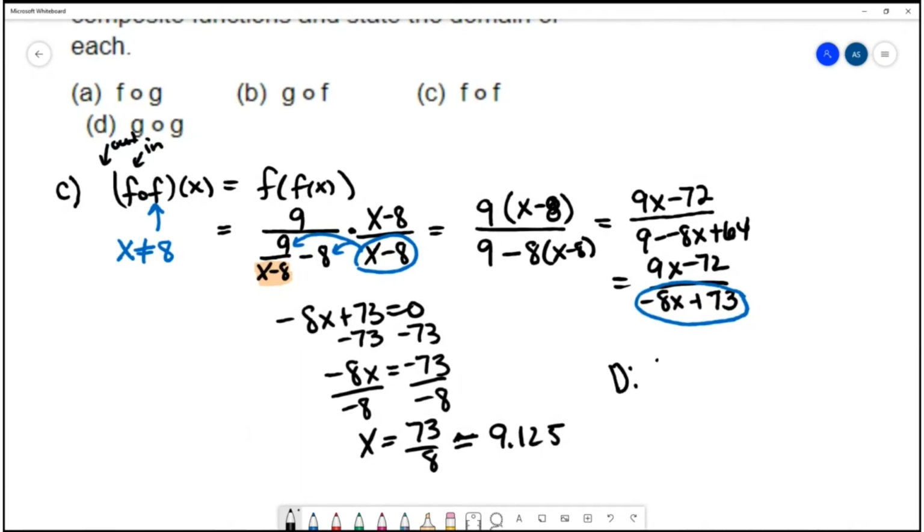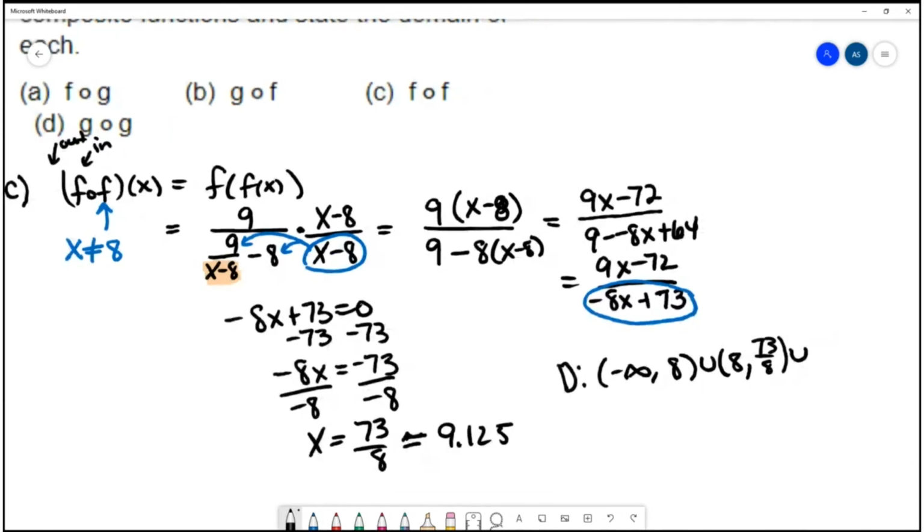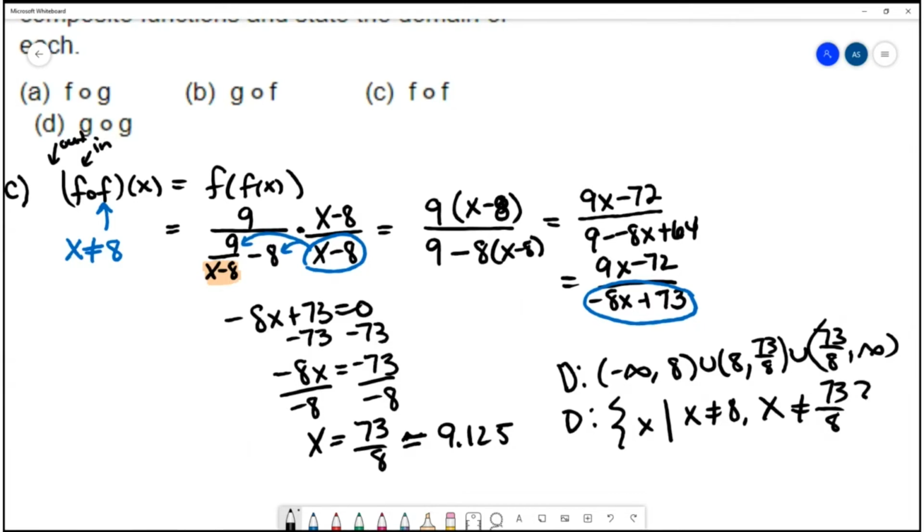So my domain is negative infinity to 8, union with 8 to 73 over 8, union with 73 over 8 to infinity, or in set builder notation, x such that x is not 8 and x is not 73 over 8.